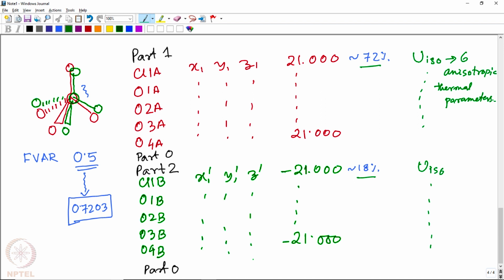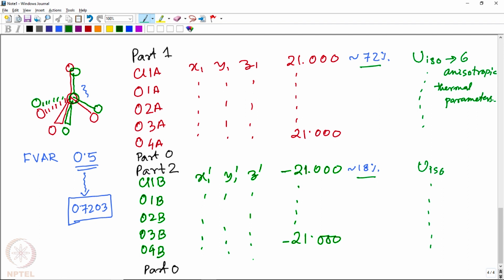So this procedure is followed when there is a disorder, as I have discussed in case of perchlorate. Actually, this method of refinement, the way we talked about it, is part 1 and part 2. This is done in case of all kinds of disorder treatments using SHELX within OLEX2, or even if you are using WinGX, another package.